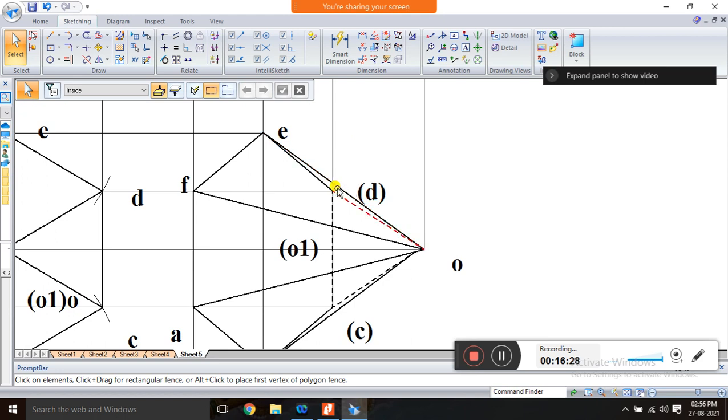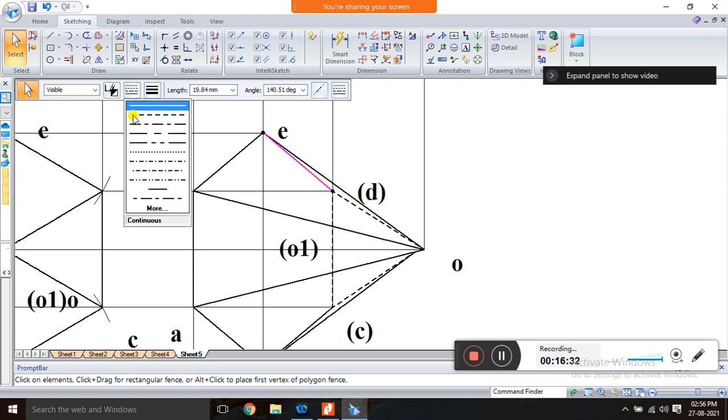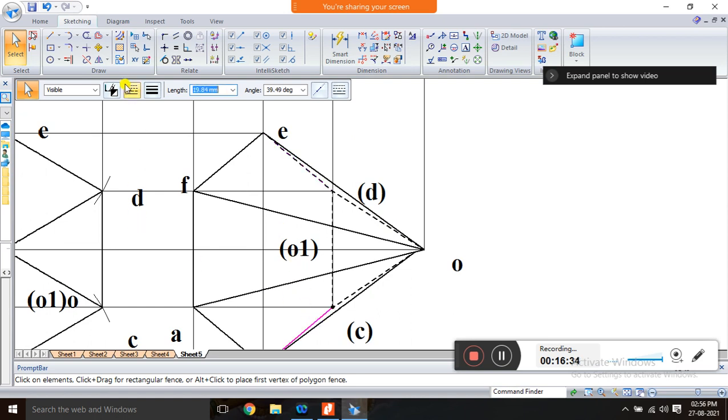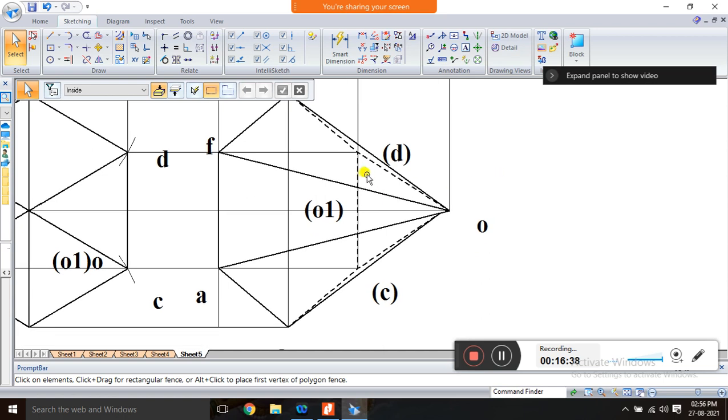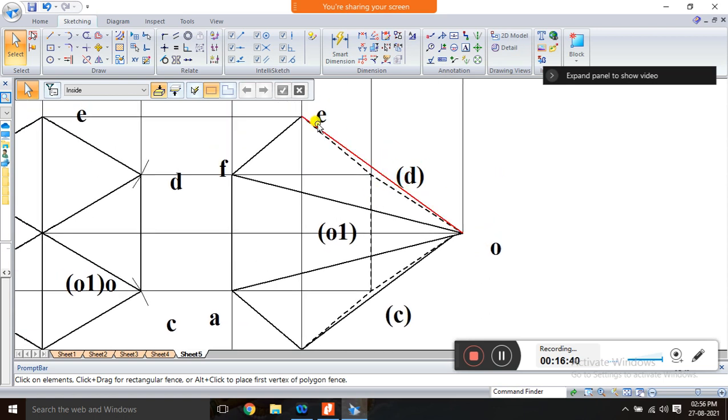Okay. So this edge is not visible, and this edge is also not visible. So D dash, D to C, E is also not visible, C to B is also not visible, C to O is also not visible, D to O is also not visible.